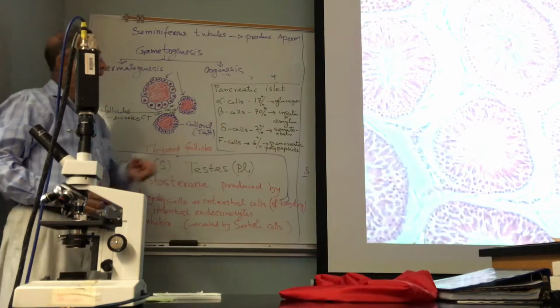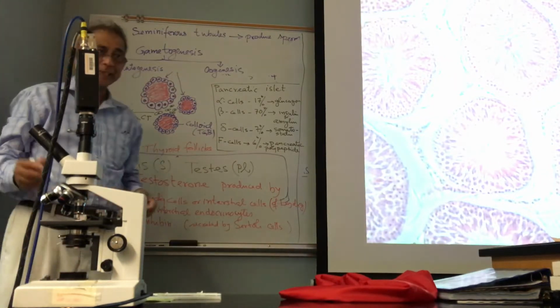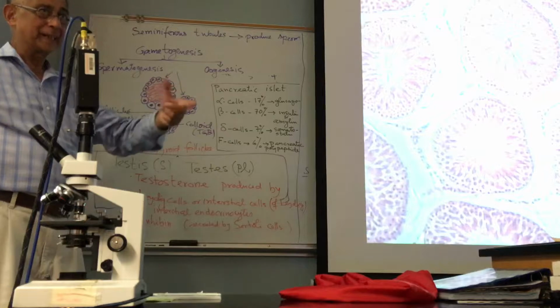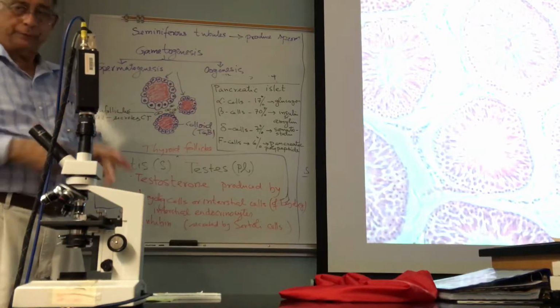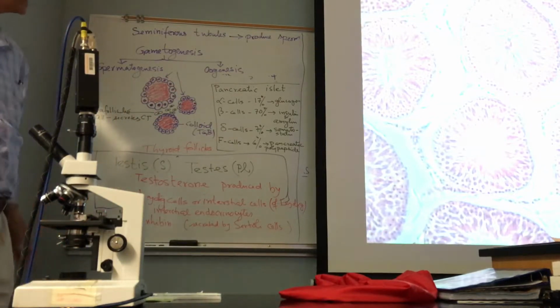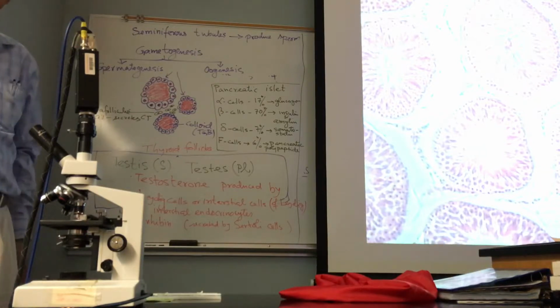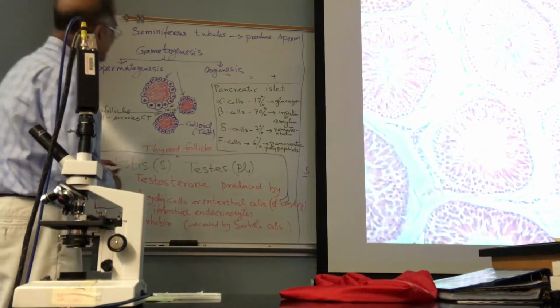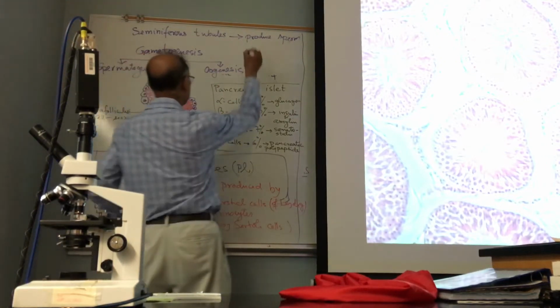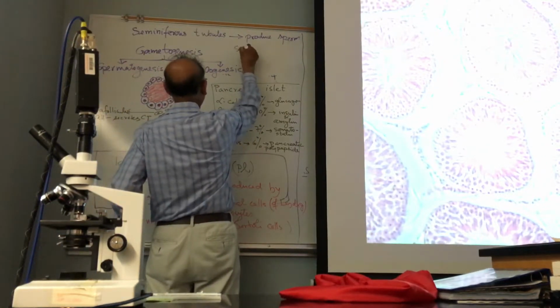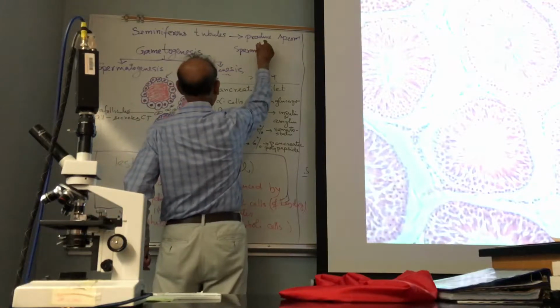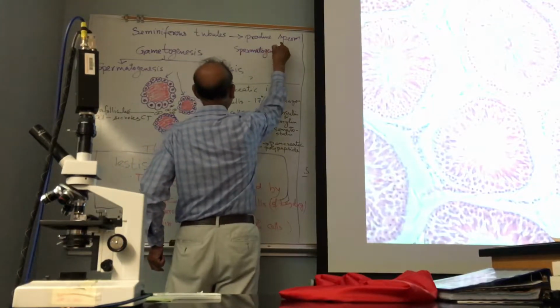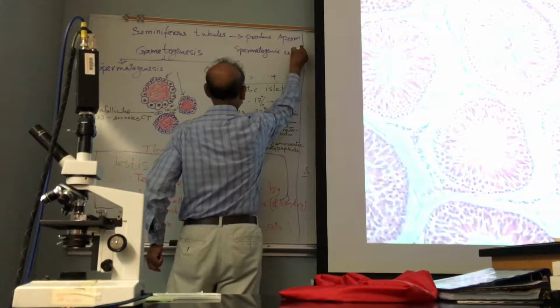Okay? There are different stages of spermatogenesis, and I will discuss that in lecture for your third lecture exam. Now, it will be enough for you to know about certain terms like spermatogenic cells.